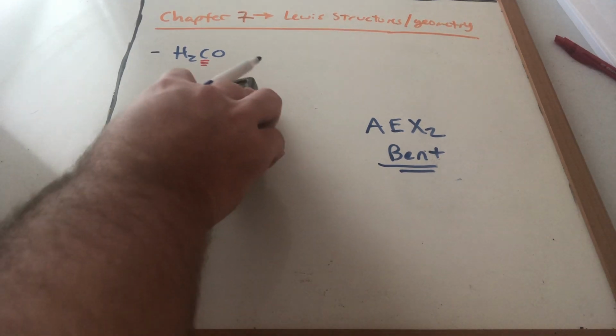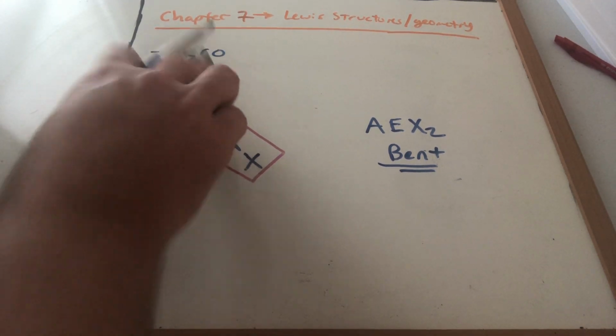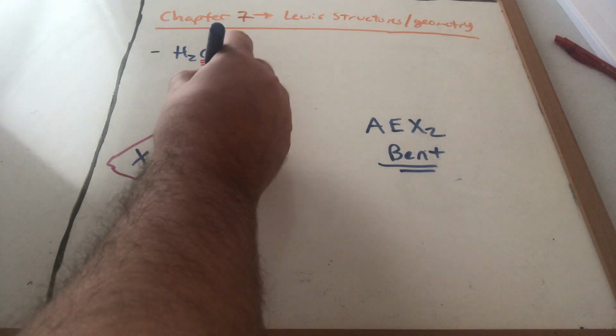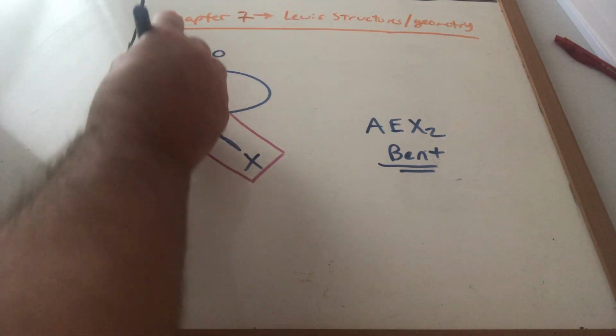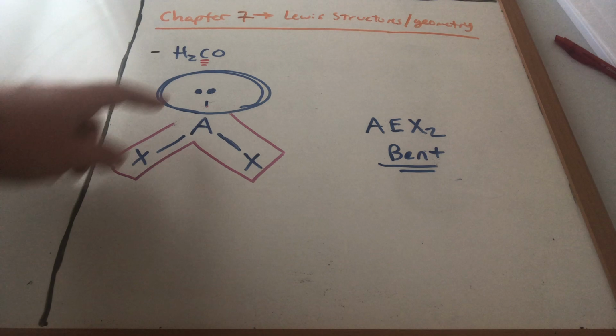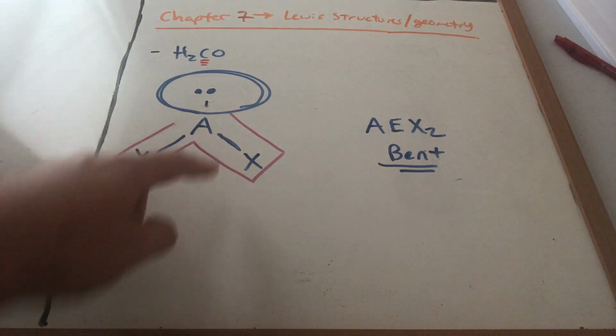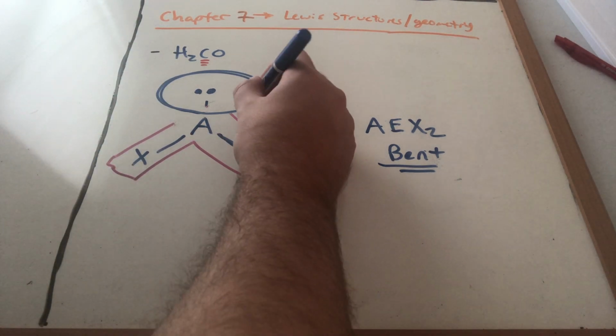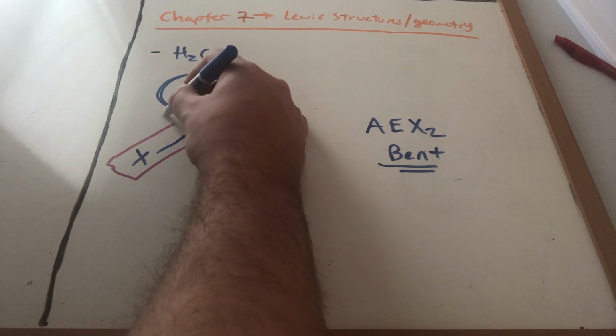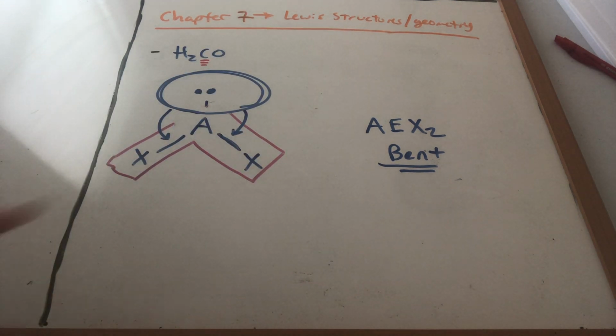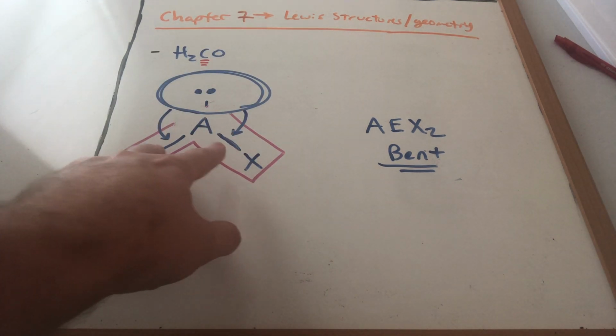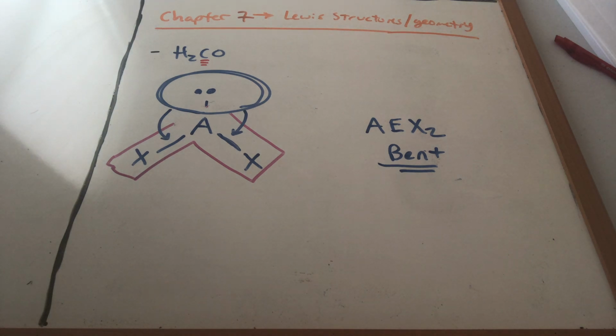The only other thing we have to mention, you can see this indicated in that chart, and that's why this chart is so important, is that these electrons really take up a lot of space. They repel more than these bonds do. So they'll actually repel and push these guys together more than you would expect.